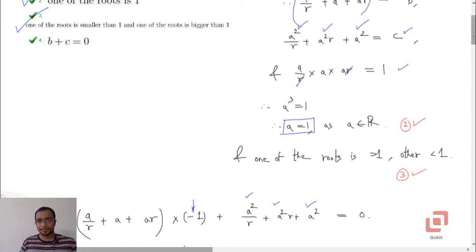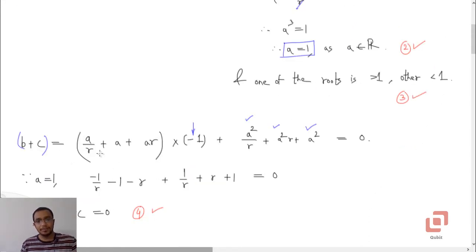Now why is it 0? It is 0 because of the value of a that we already know. If a is equal to 1, then this expression would be negative 1 upon r, negative 1 and negative r, because we are also multiplying it by minus 1. And what will the sum of these 3 terms be? 1 upon r plus 1 plus r.